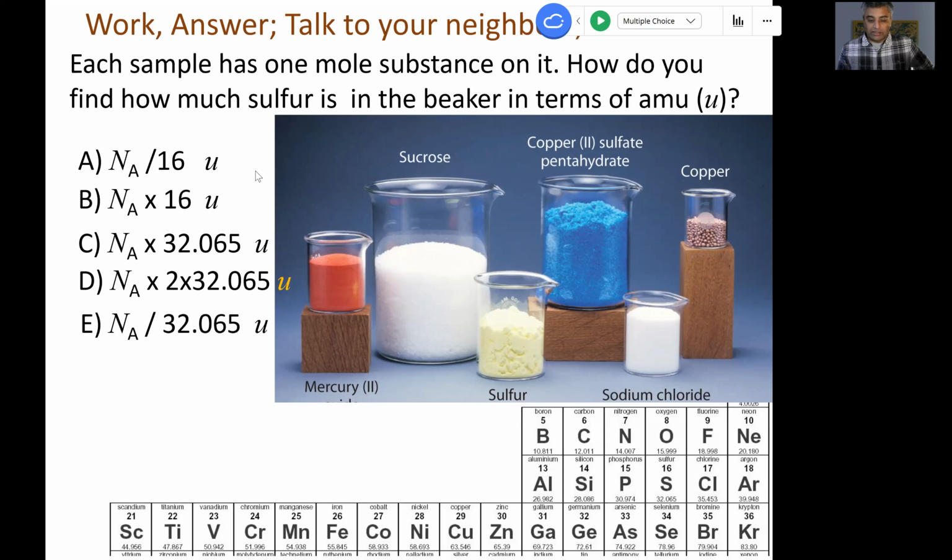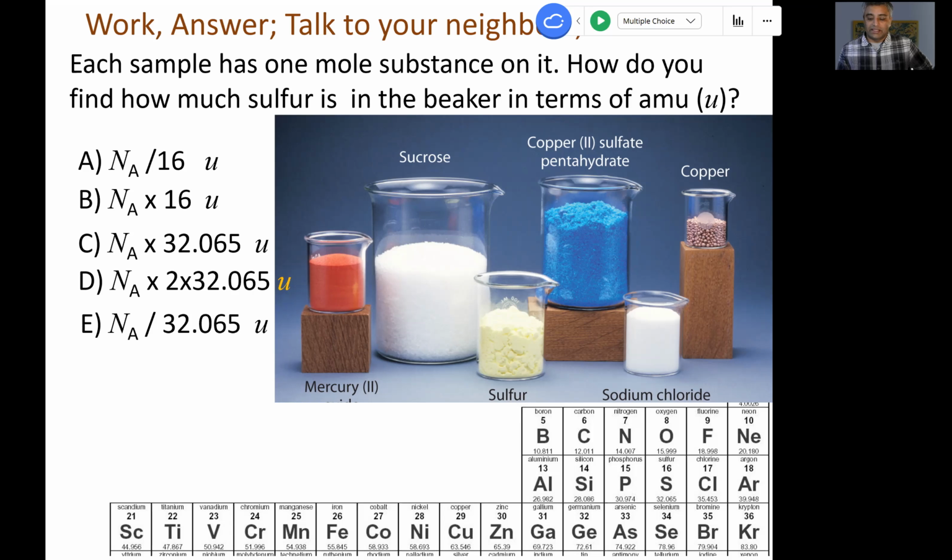So we are talking about how to find how much sulfur is there. So we want to find mass. First we need to know if the sulfur exists in molecular form or the atomic form here. Yes, sulfur gas exists in molecular form, but here it's not sulfur gas, it's sulfur crystals.